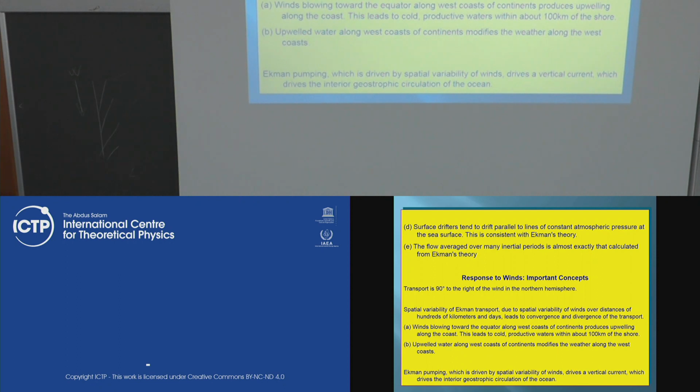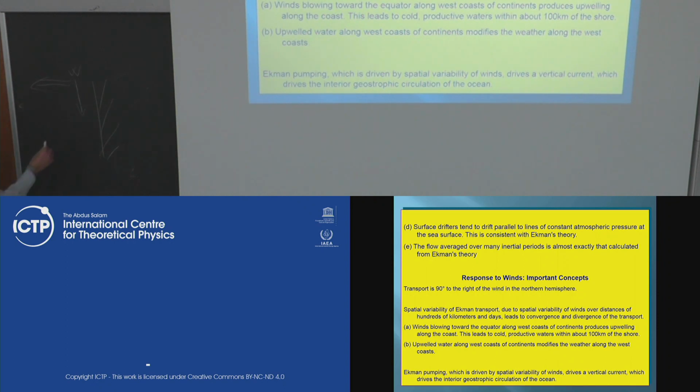What's happening? There is the Ekman transport to the right-hand side with respect to the wind. But here you have the coast, so you are taking away the water from the coast.